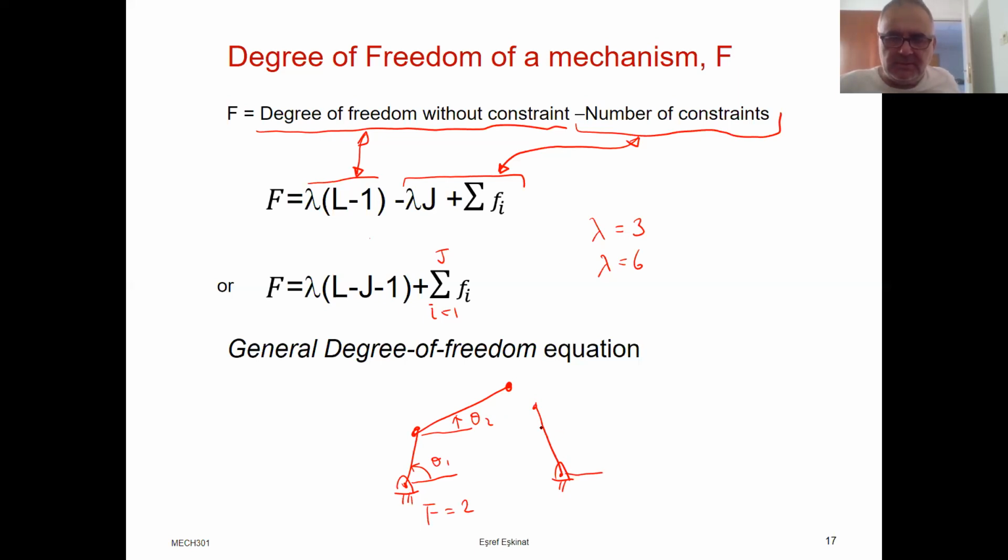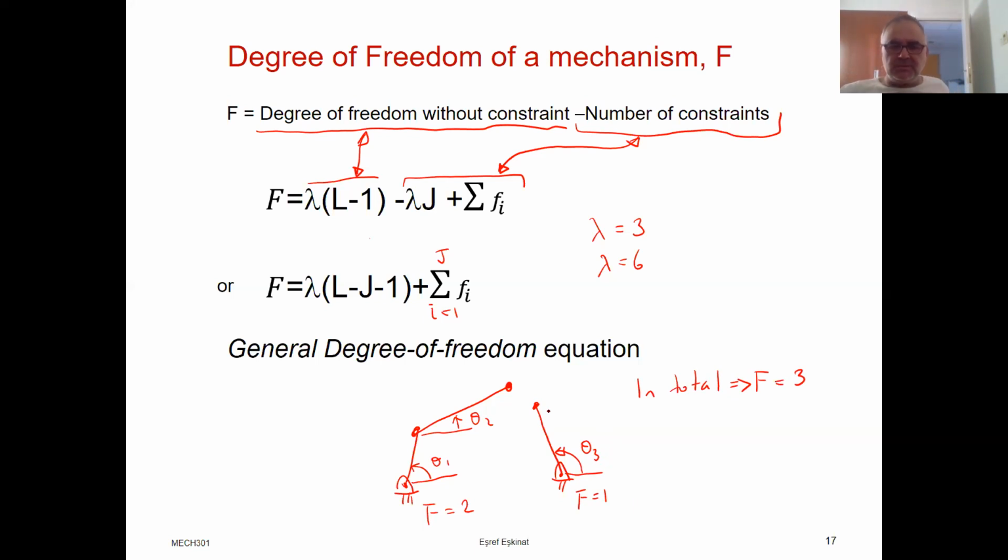Whereas the other link, which is unconnected yet, can be described by this coordinate, theta 3. So this has a degree of freedom of 1. So in total, F is equal to 3, as you see. 2 on this side, 1 here, total is 3.